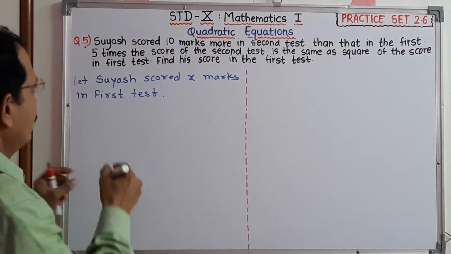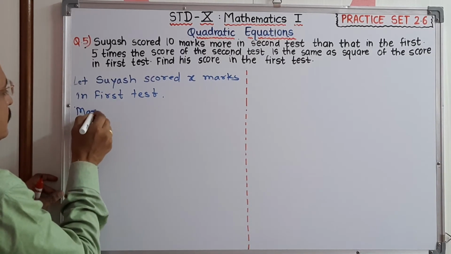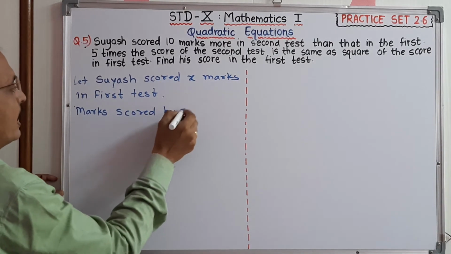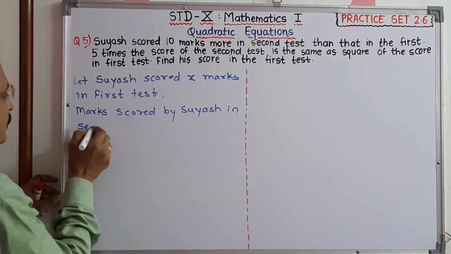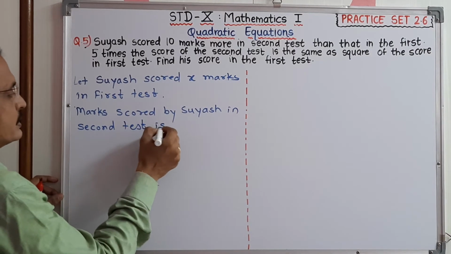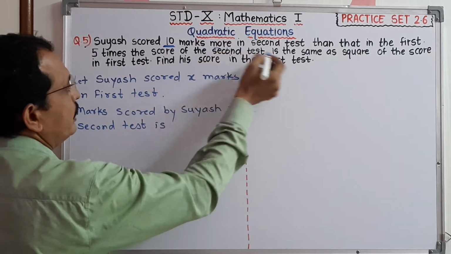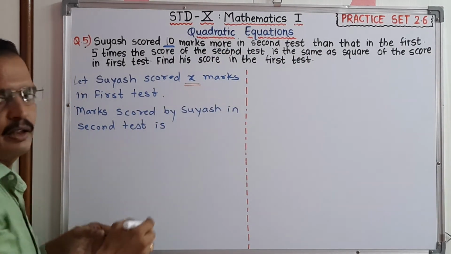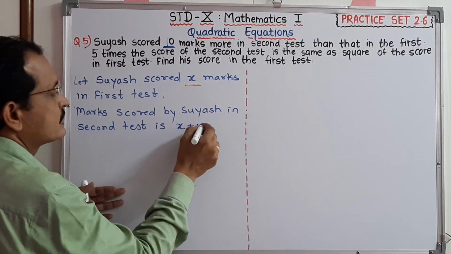Now, the marks scored by Suyash in the second test is how much? 10 marks more. In the first test he got how many marks? x. Therefore 10 marks more means it is x plus 10.